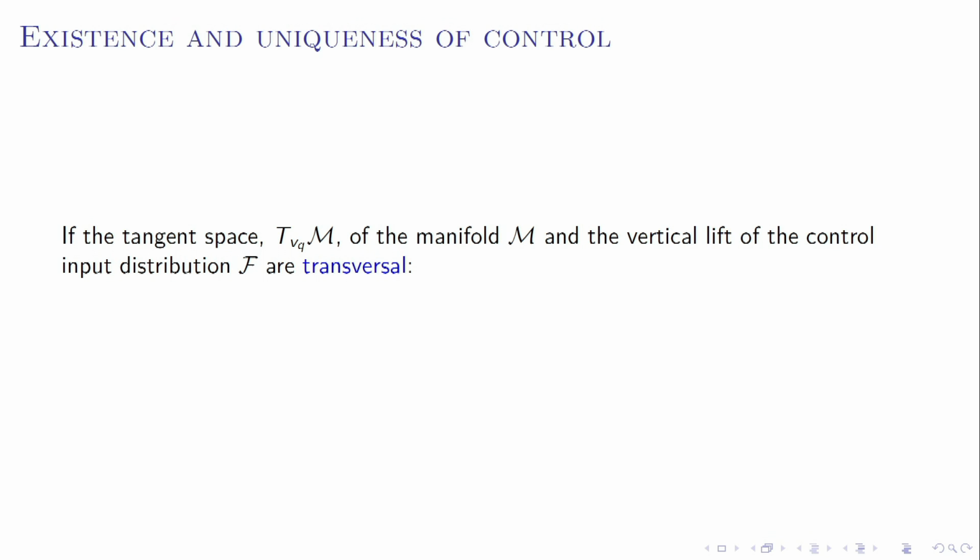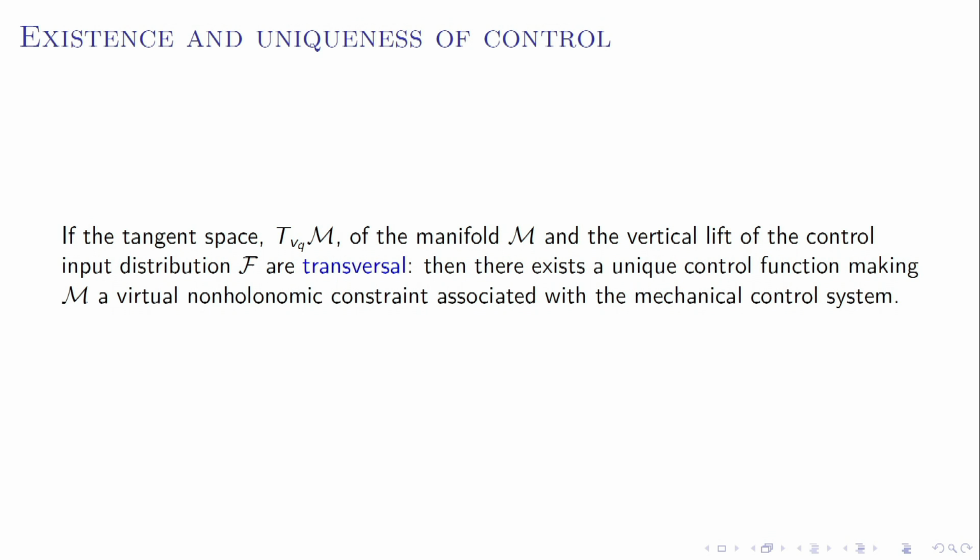So to guarantee the existence of a control law that will make our nonlinear constraints control invariant, we must make a hypothesis analogous to the one in the affine case. In this case the hypothesis is that the tangent to the manifold of constraints is transversal to the vertical lift of the input distribution. It is slightly more complicated, it's not exactly the same thing because it is not even on the same subspaces.